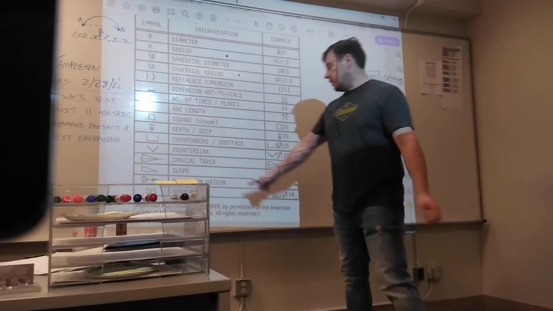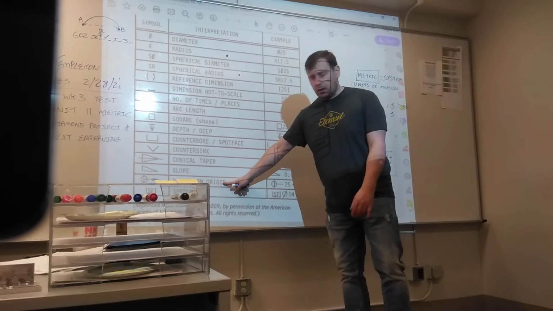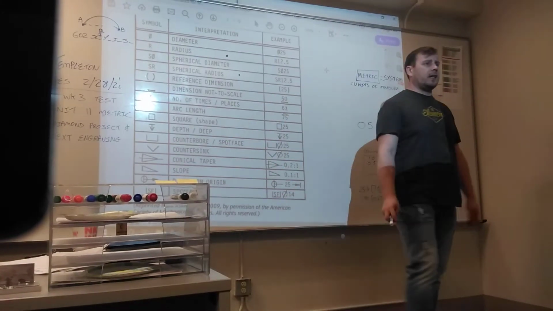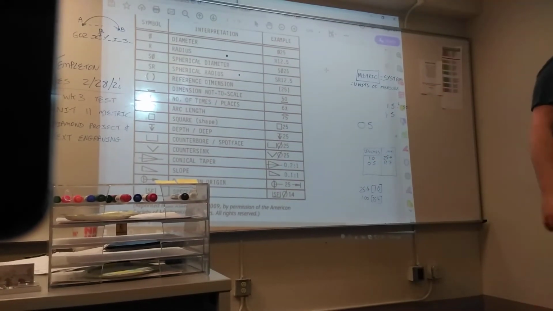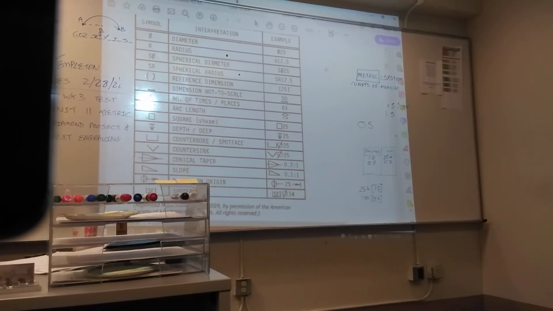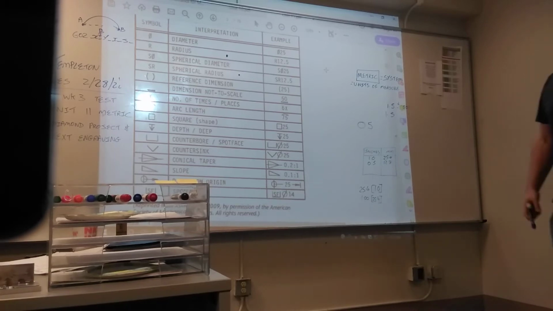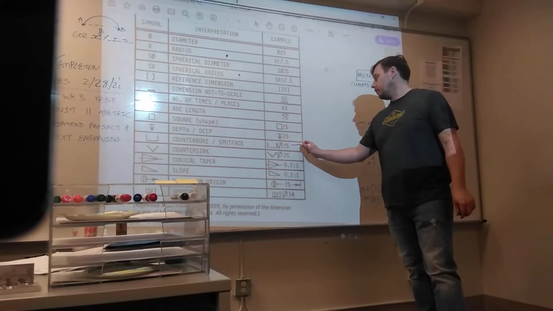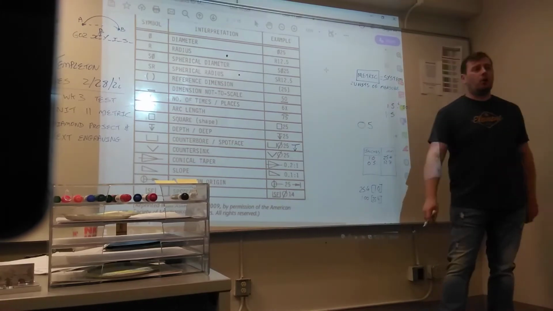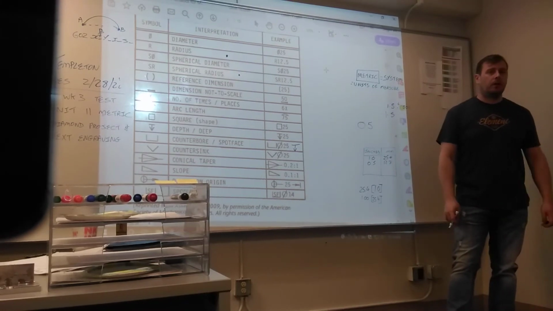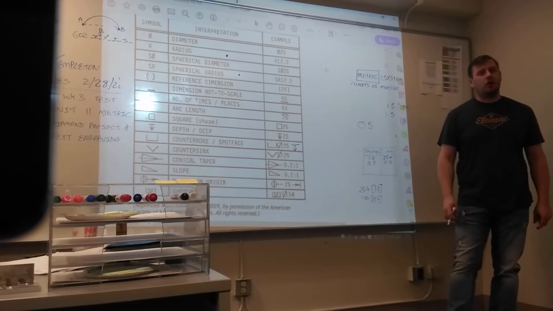And then we have dimension origin, which we'll get to later, and spot face. So what is the difference between spot face and counterbore? One is deeper than the other one. Kind of, there's something more to it. One is designated, like spot face will be a specific, like, is it 30 thousandths? Counterbore should always have a depth. Spot face, the depth may not be given.